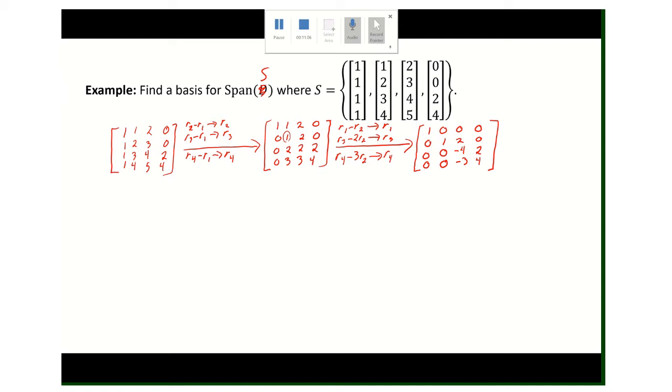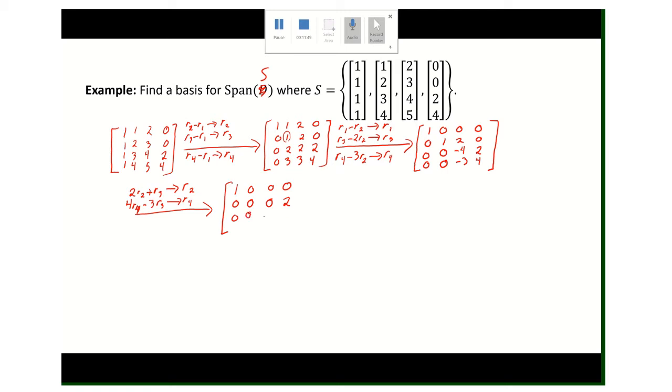Now I am going to, again, do some at once. I'm going to do 2 row 2 plus row 3 is the new row 2. And this one's a little bit messier. 4 row 4 minus 3 row 3 is the new row 4. So my first row stays the same. Twice row 2 plus row 3 gives me 0, 0, 0, 2, 0, 4.